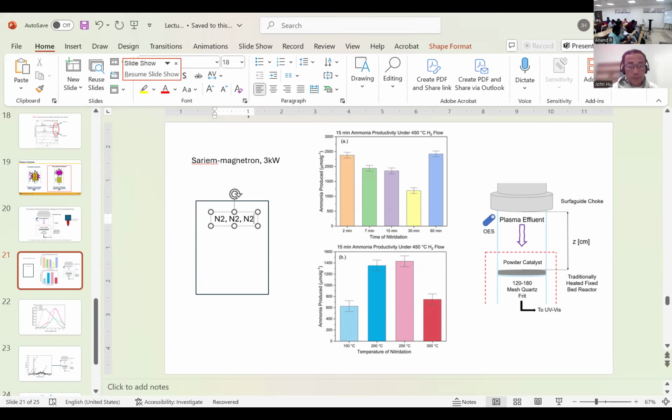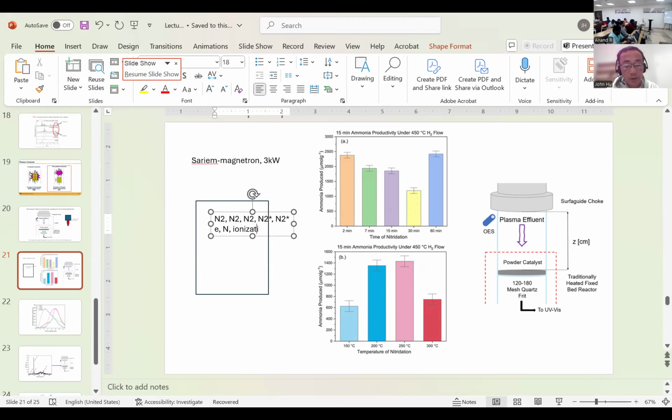Now, when you have N2 star, N2 star is an active species. And then you have electrons, N, and all kinds of species. You need energy to keep them at high energy content. They constantly ionize and recombine.